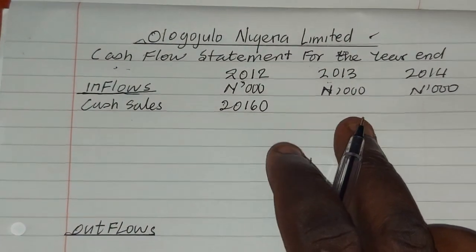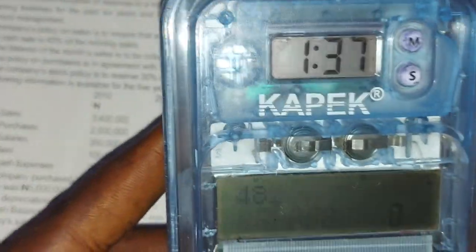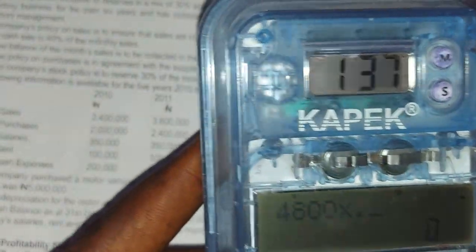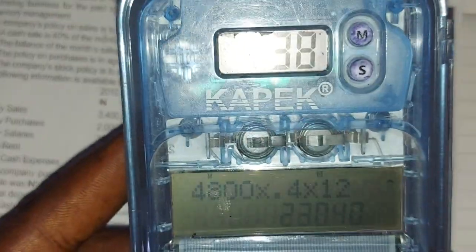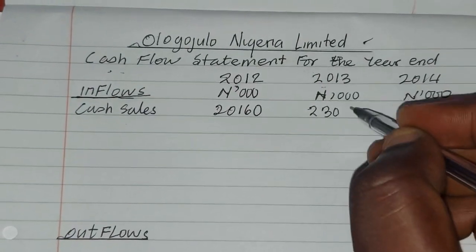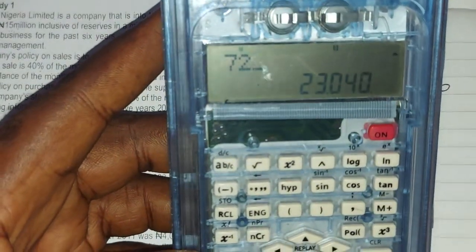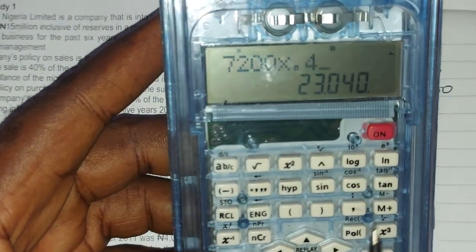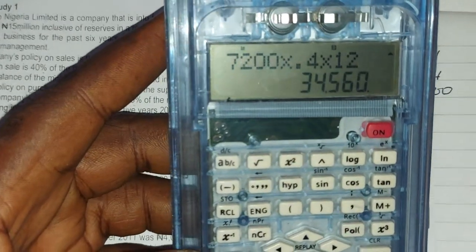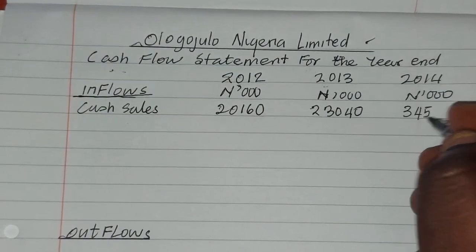Then you do the same for 2013. 2013 is 48, so you have 48 multiplied by 40% times 12. That's 23,040. Then for 2014, that's 72 multiplied by 40% times 12. That is 34,560.